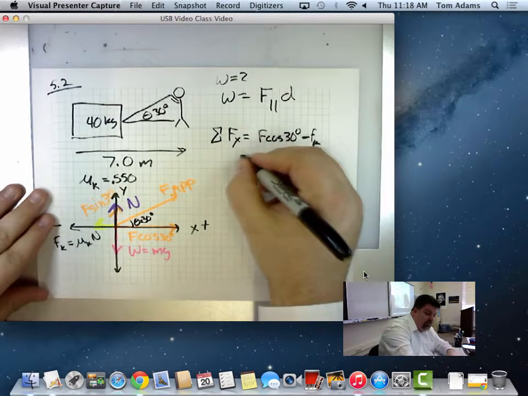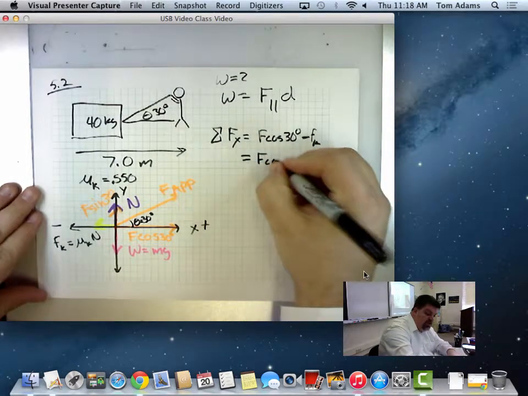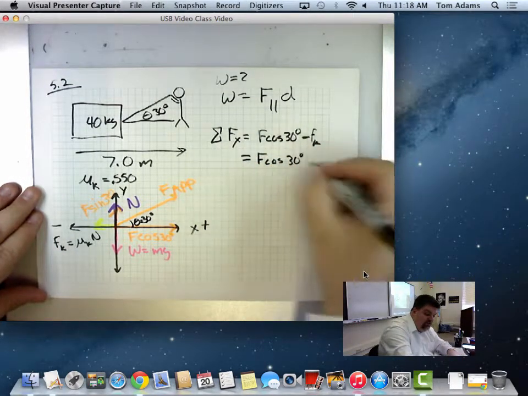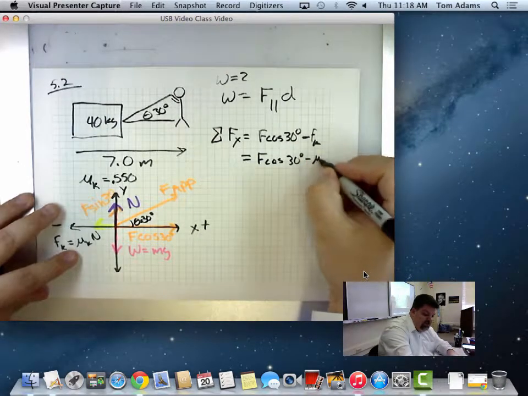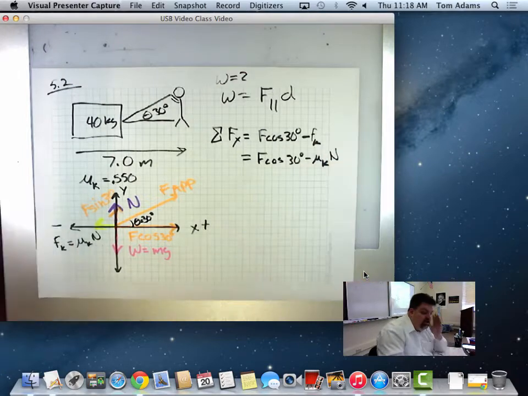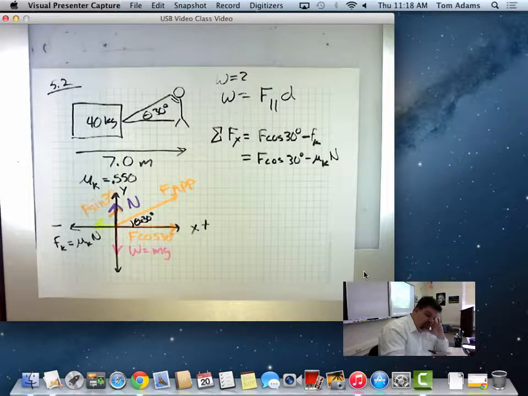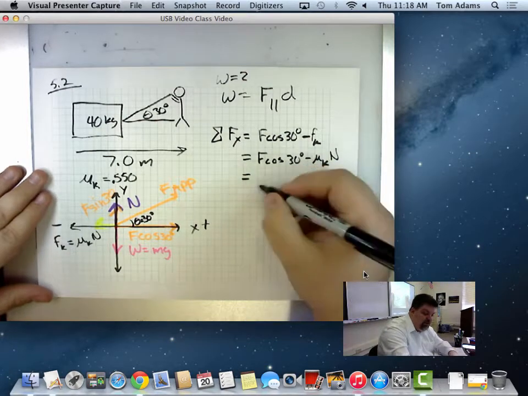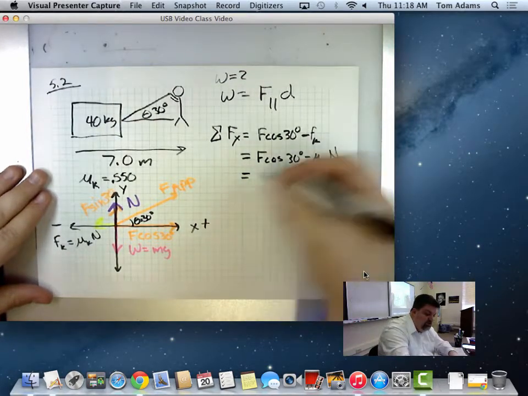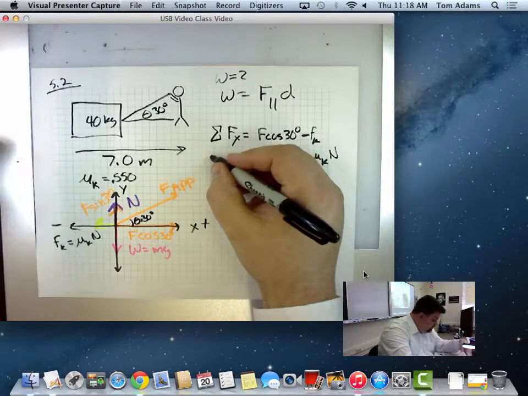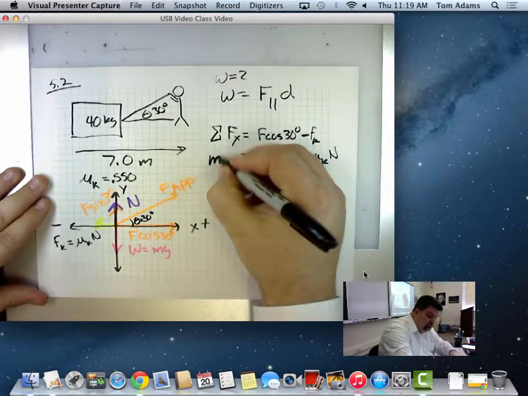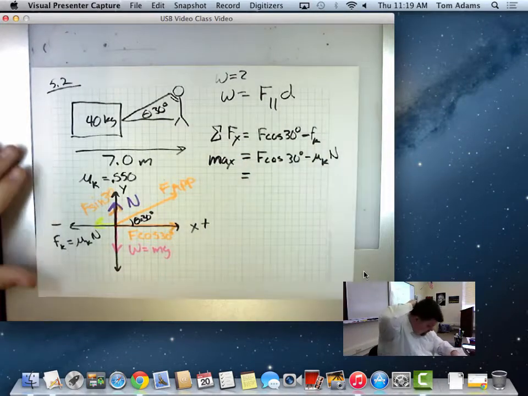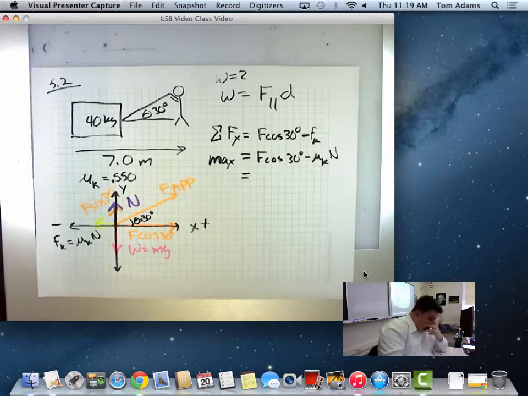Now, I could rewrite that as F cosine 30 degrees minus, we said, mu k times the normal, right? Now that's the total force, which equals the mass times the acceleration. So this is really equal to the mass of the object times the acceleration in the x direction.